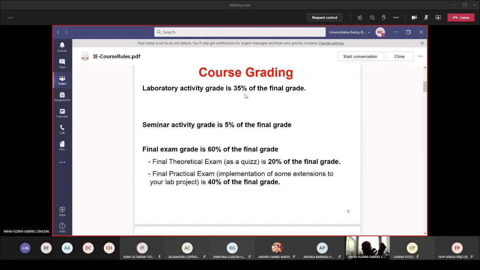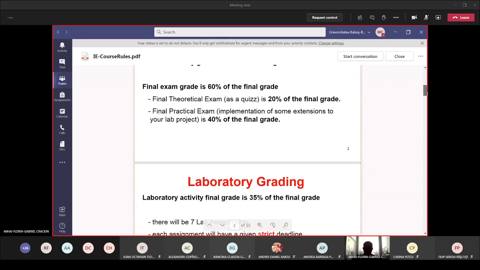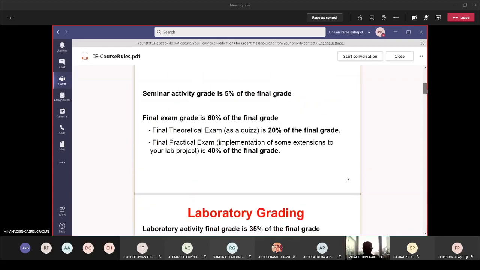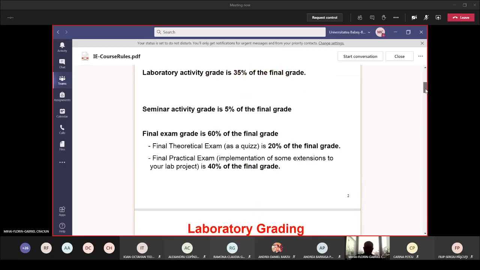So that is the contribution of each assignment. But of course, because the final practical exam is based on your lab work, your lab work is more important than those 35%.